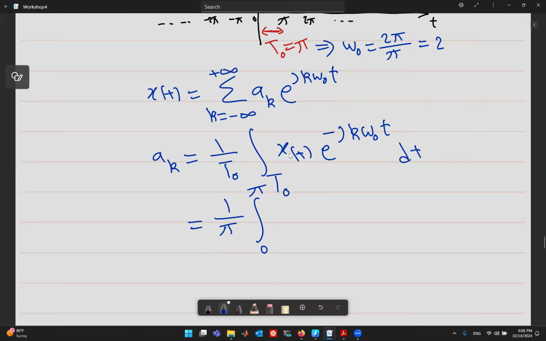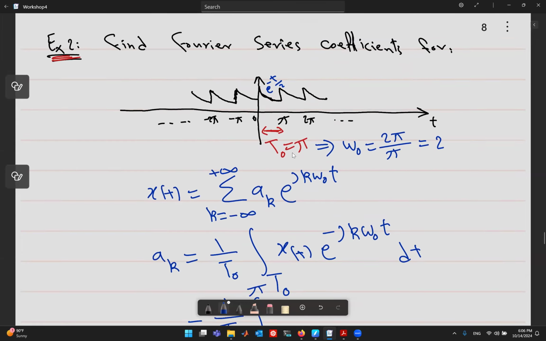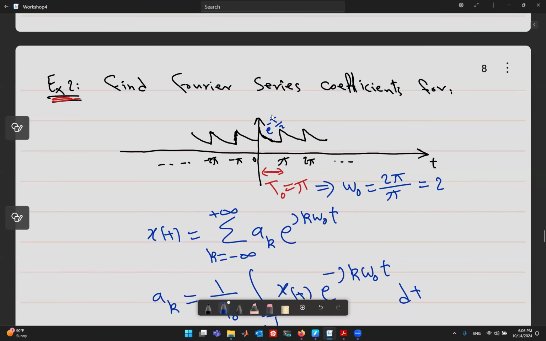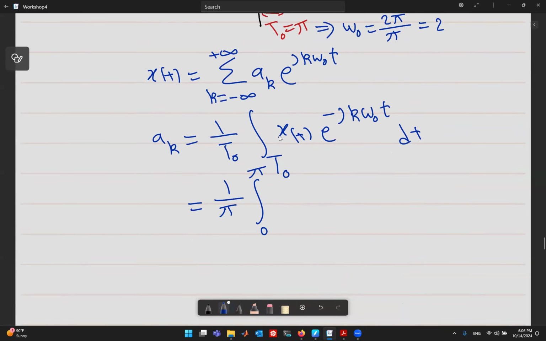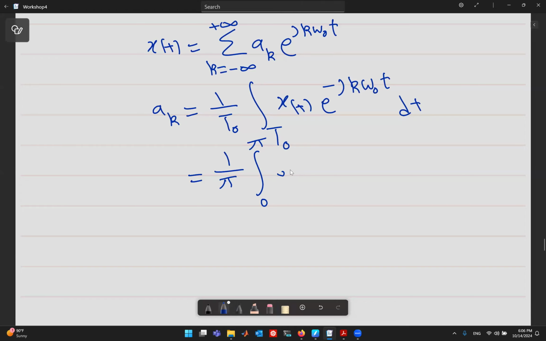And the signal itself, as it's defined in the question, is exponential minus t divided by 2, times exponential minus j k omega naught t dt.